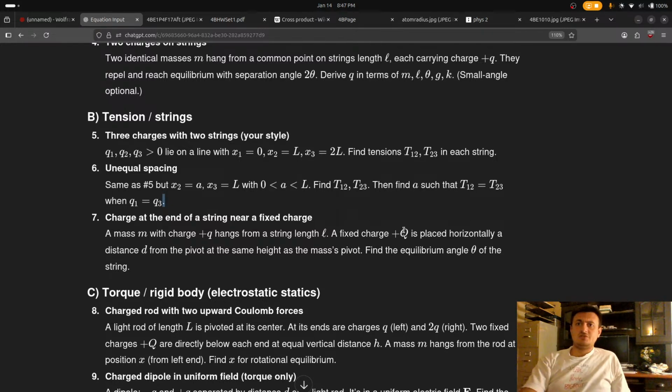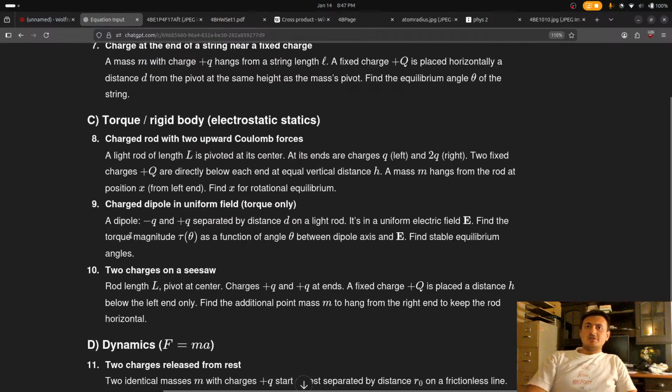Charge at the end of a string near a fixed. Let's look at the torque problems.